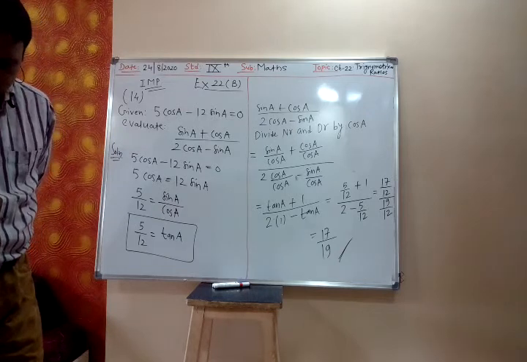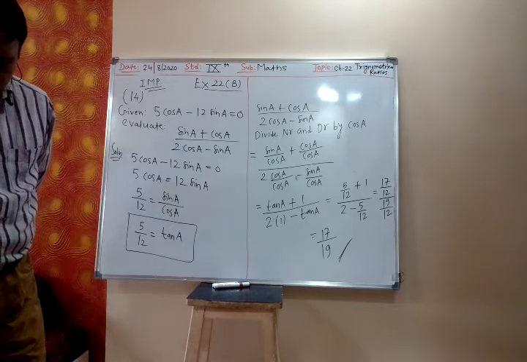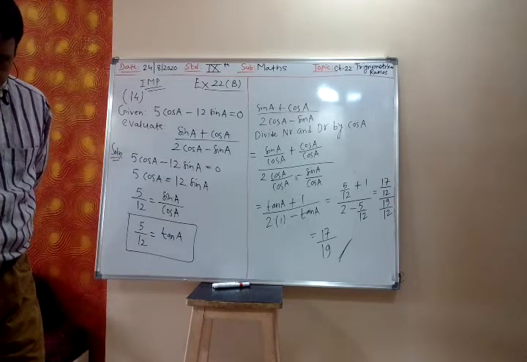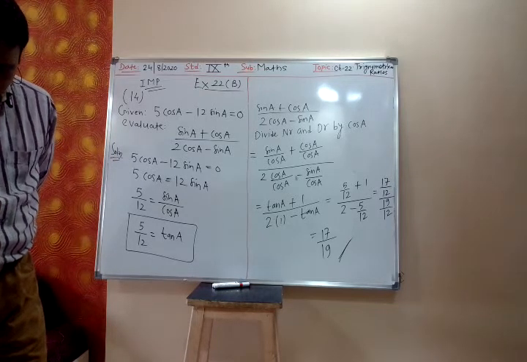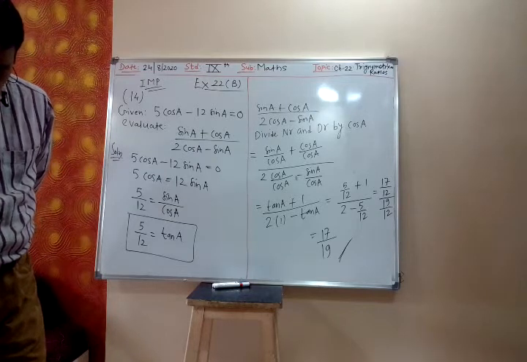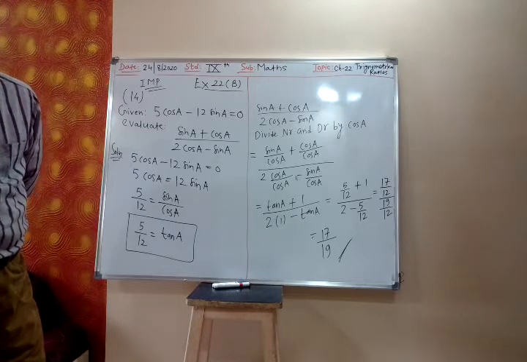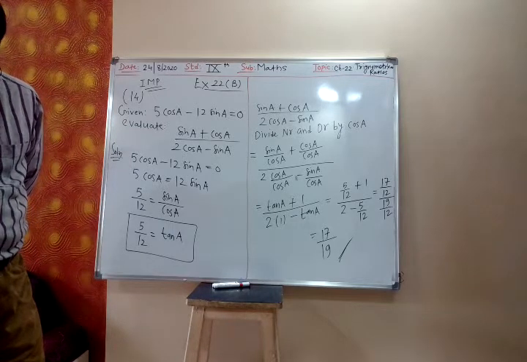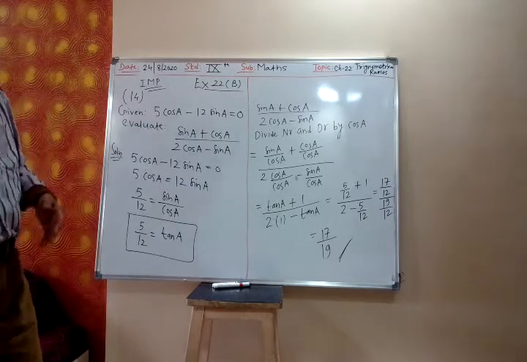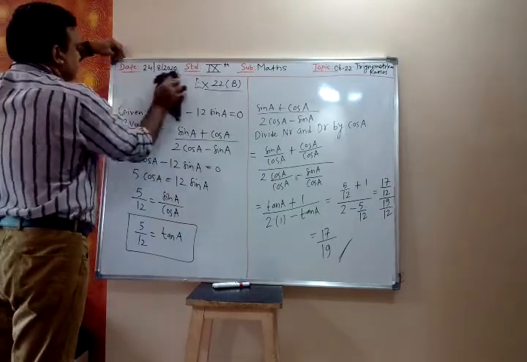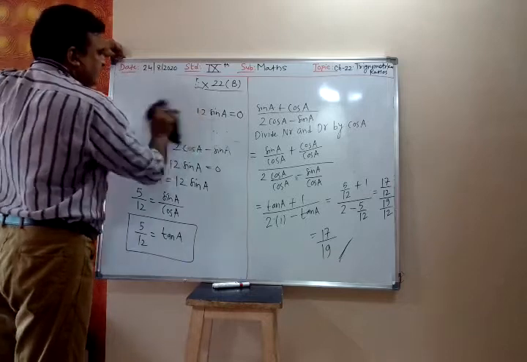Because 3 cos A is equal to 4 sin A, you can find the value of tan A. Then in this I will draw the diagram. 16th is homework. Now 21 I will do.